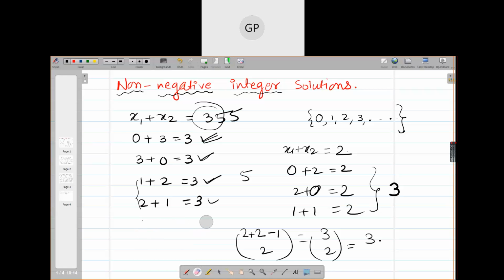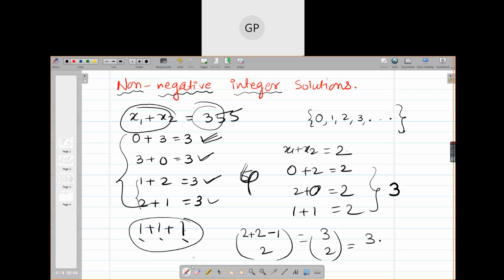Yes, that's what I was thinking. Because we have only 2 types, the answer is 4. We won't have 1 plus 1 plus 1 because we don't have 3 types of elements. We have only 2 types of elements, x1 and x2. We do not have x3, so this will not be there. This was wrongly taken by me. Here we have only 2 types of elements, and 1 plus 1 is 2 we can take.